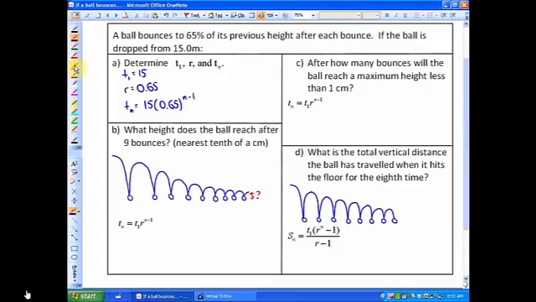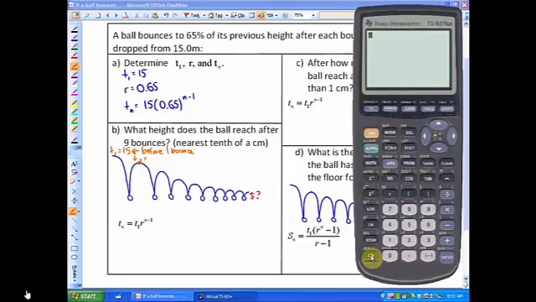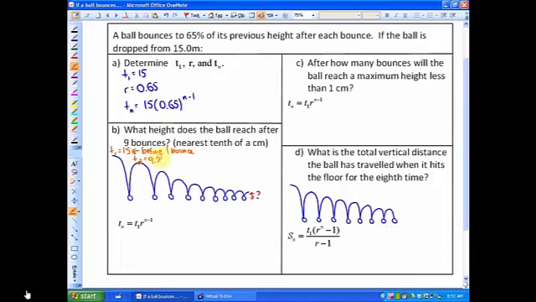If you're going to use the formula method, what you have to be aware of is that term 1, which is 15, is actually before 1 bounce. I'll show you why this is important in a second. Term 2, if you wanted to find it out, would be 15 times 0.65, so 65% of that height would be 9.75.